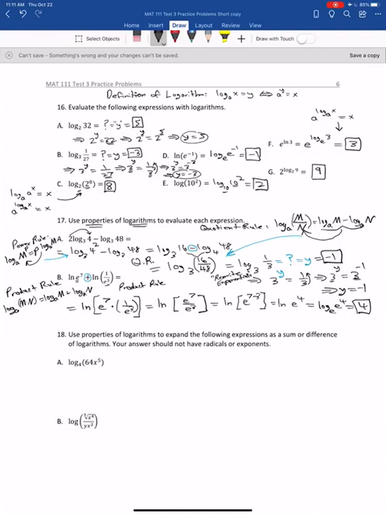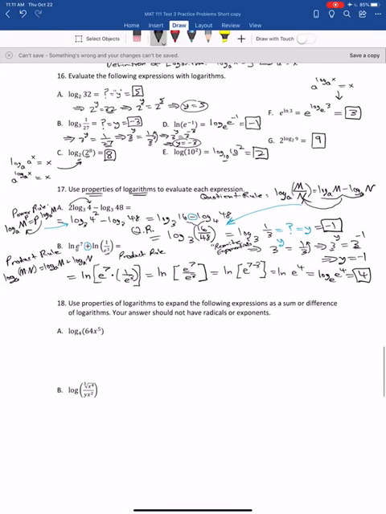How about examples A and B? Let's go ahead and look at using the product, power, and quotient rule in these next two examples. Log base 4 of 64 times x to the 5th power. It wants us to expand this logarithm, break it up into a sum or difference. It says you should not have any radicals or exponents in your final expression.